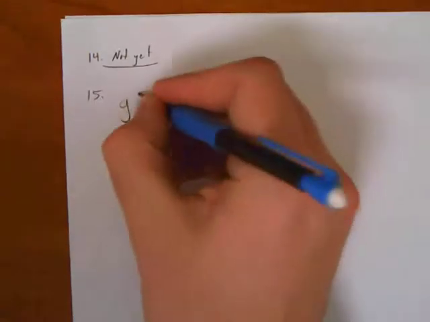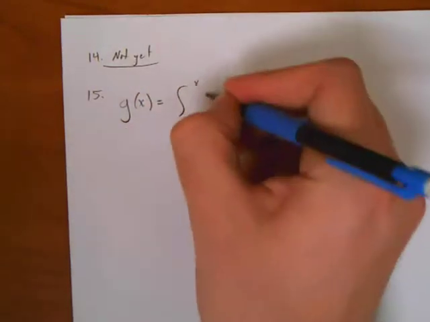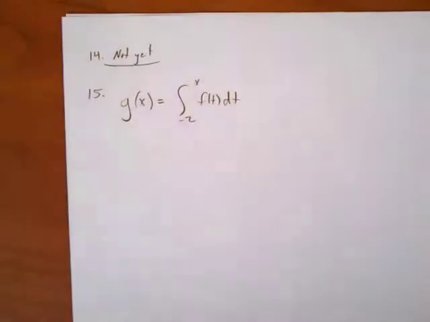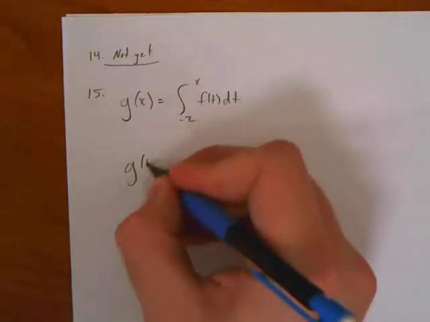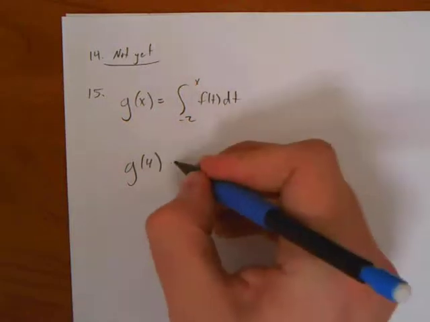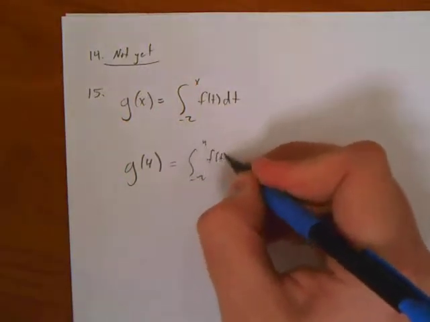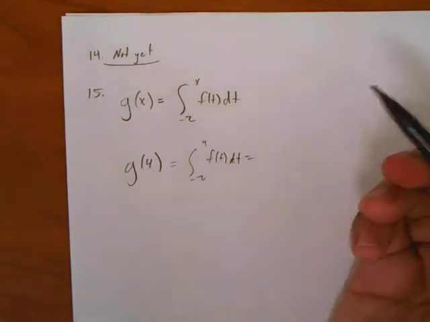So we have g of x equaling the integral from -2 to x f of t dt. And the picture that they show you is f. So they're asking for the first one, g of 4 equals -2 to 4 f of t dt. So you'd have to find the area from -2 to 4.